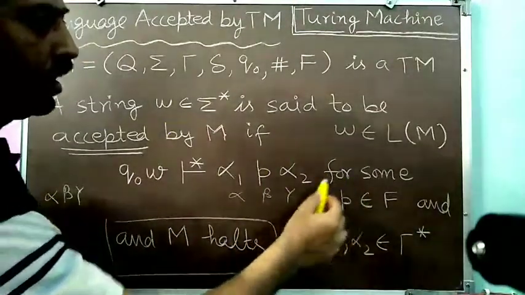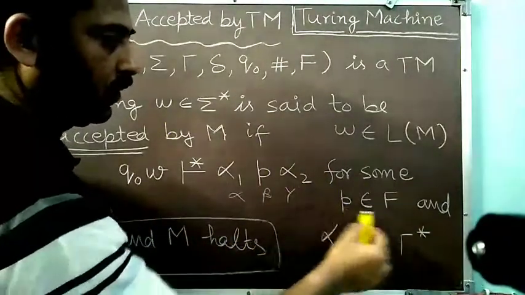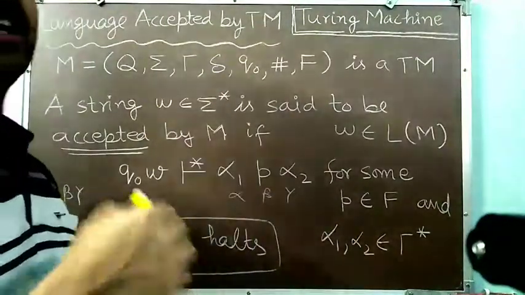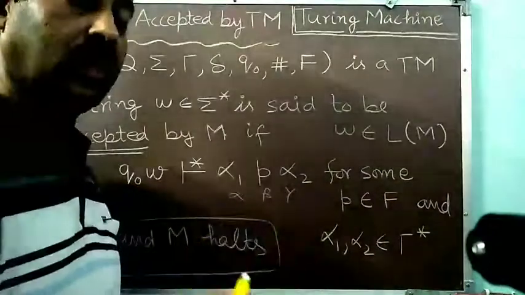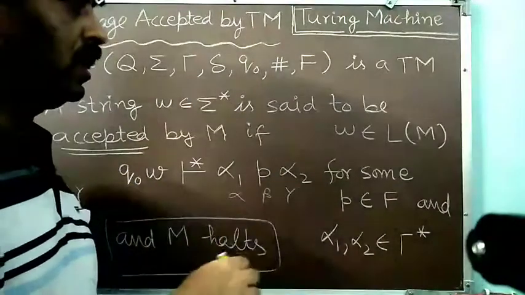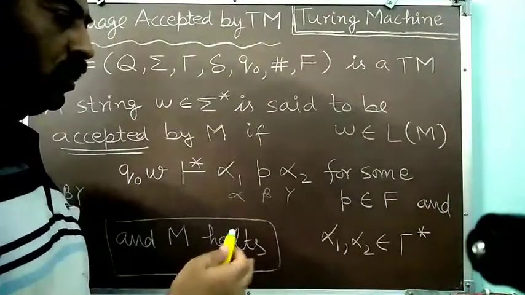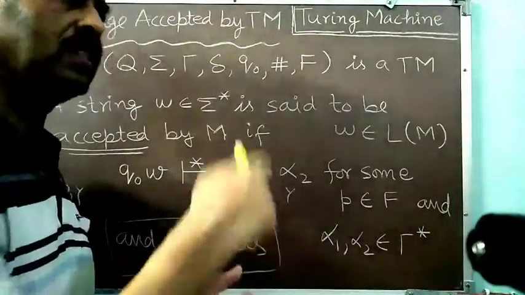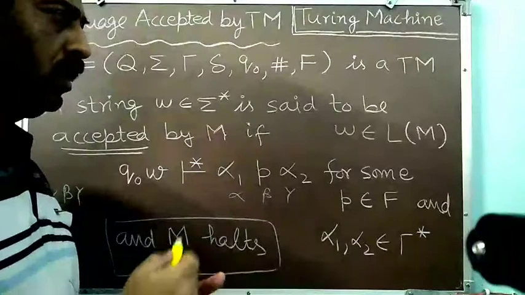In a similar manner, if our machine is halting in a final state, then the string is accepted, and if the machine is halting in a non-final state, then the string will be rejected. The string will also be rejected if the machine does not halt. That is another situation that defines some categories of languages that we will be discussing later on.